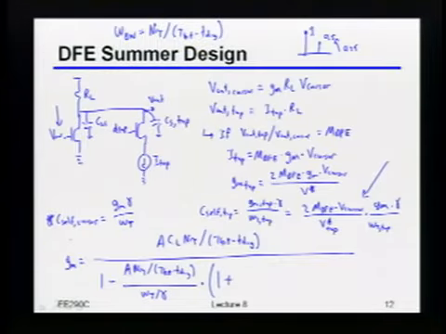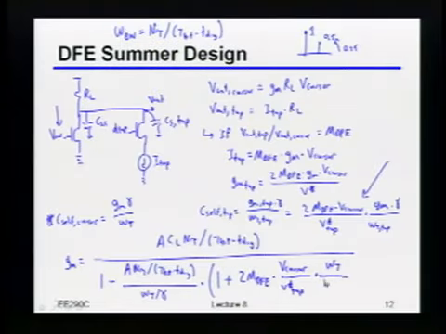So if we just write that out, that just ends up being 2 times m dfe times essentially v cursor over the v star of the tap, times essentially the omega t of the input device divided by the omega t of the tap. Okay?